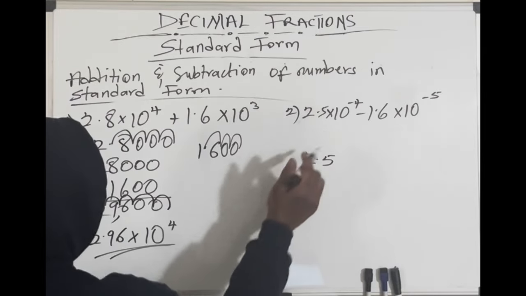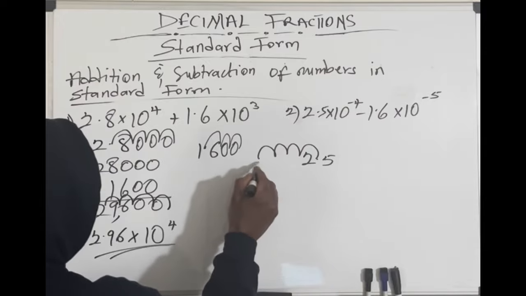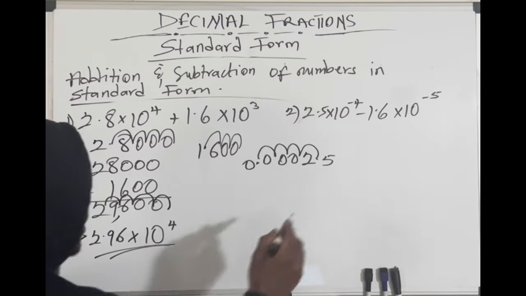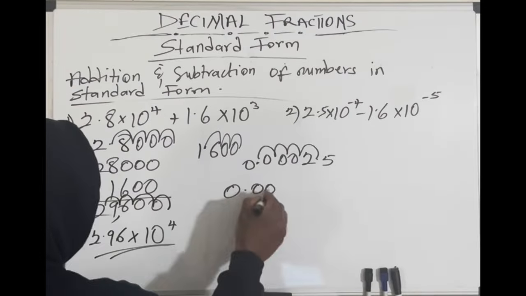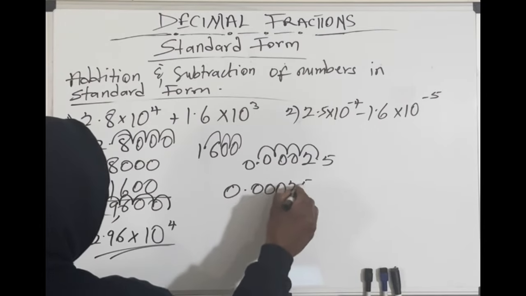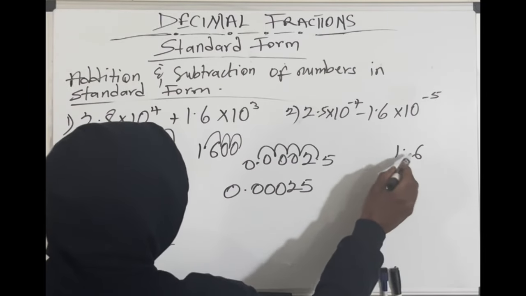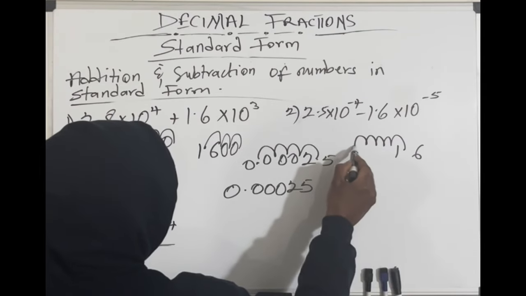How many times? 4. 1, 2, 3, 4. So 0.000. So right now we have 0.00025. Okay, we do the same thing for 1.6. How many times do we move? 5. 1, 2, 3, 4, 5.